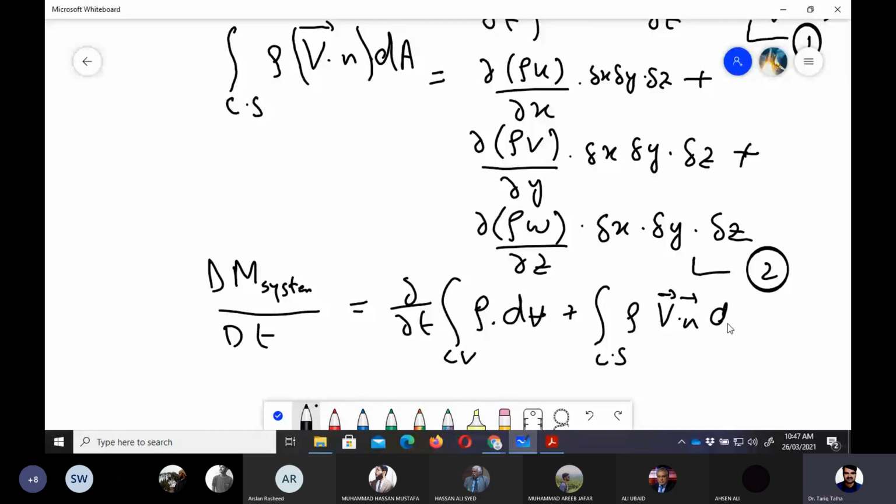So the first term would be taken from equation 1 and the second term from equation 2. And the left hand side would be equal to 0 because the mass is conserved during any flow for a system.